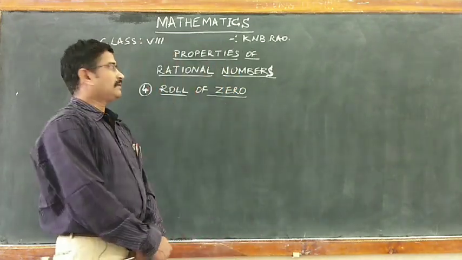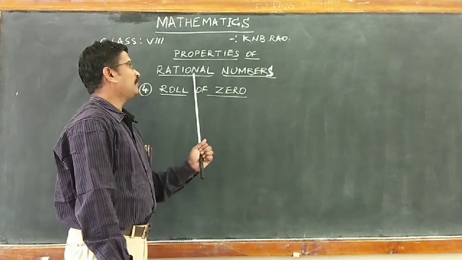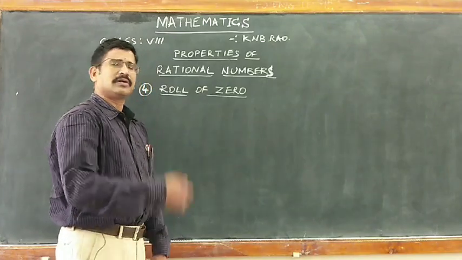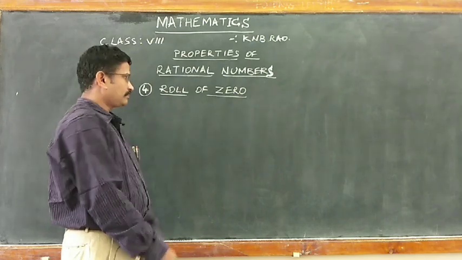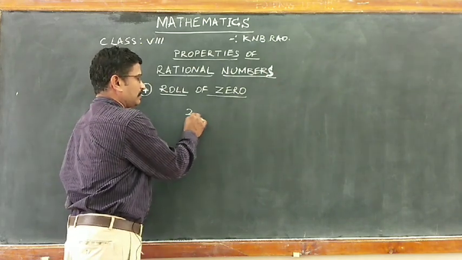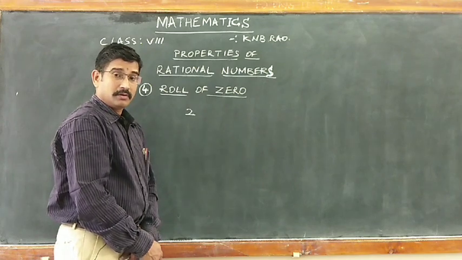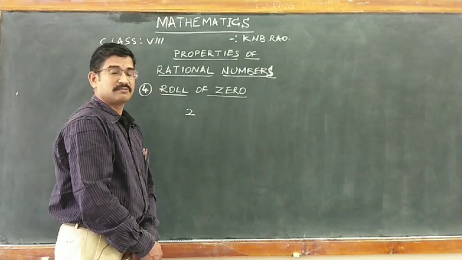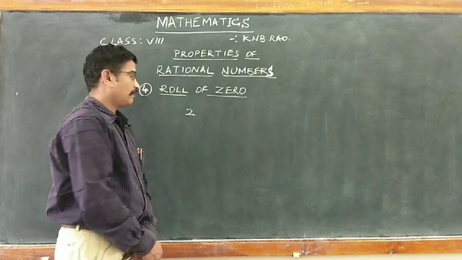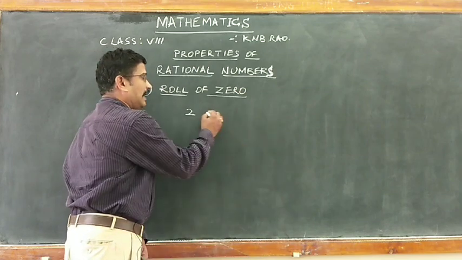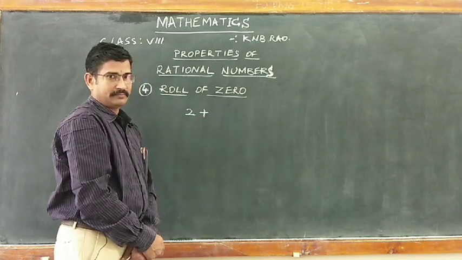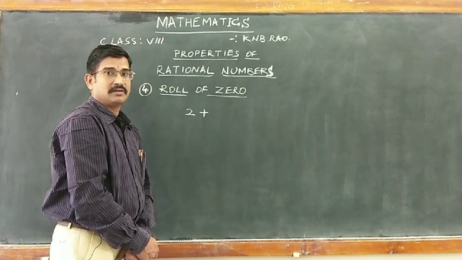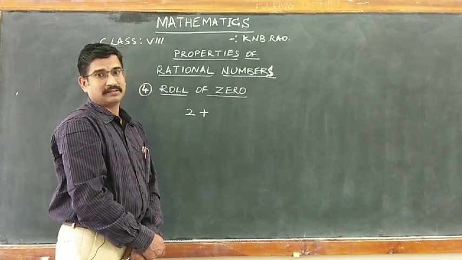Now, try to understand. I have taken rational numbers. You consider any one rational number. For example, I have taken 2. 2 is also a rational number and it can be even called specifically a natural number also. Next, I am adding to it. That means this role of 0 comes for the operation addition.